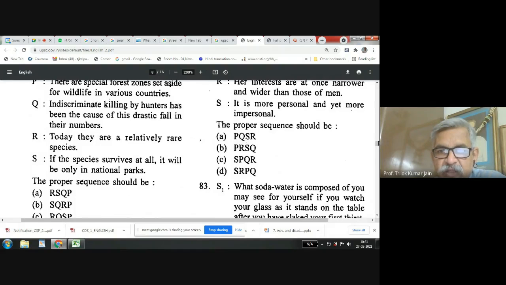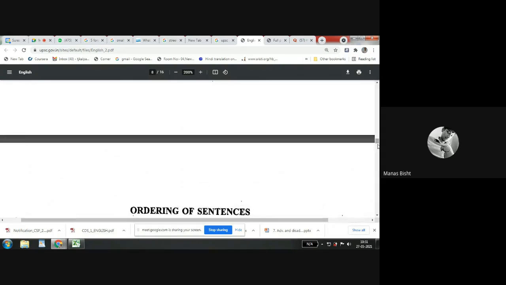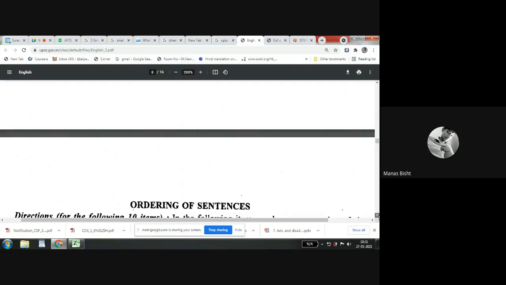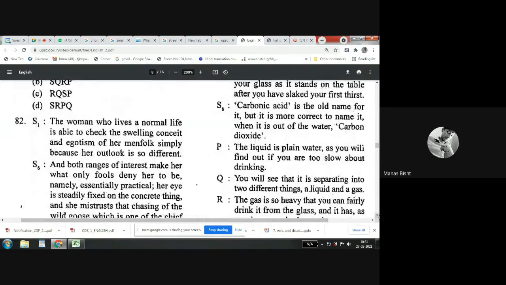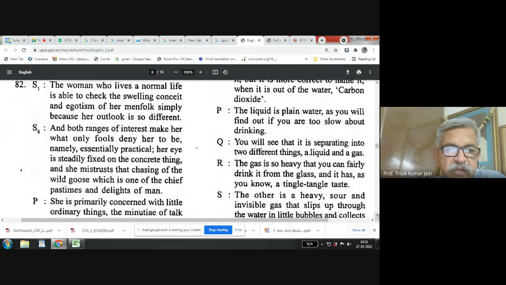Let's look at another question. This is the first sentence: the woman who lives a normal life is able to check the swelling conceit and egoism of her menfolk simply because her outlook is so different.